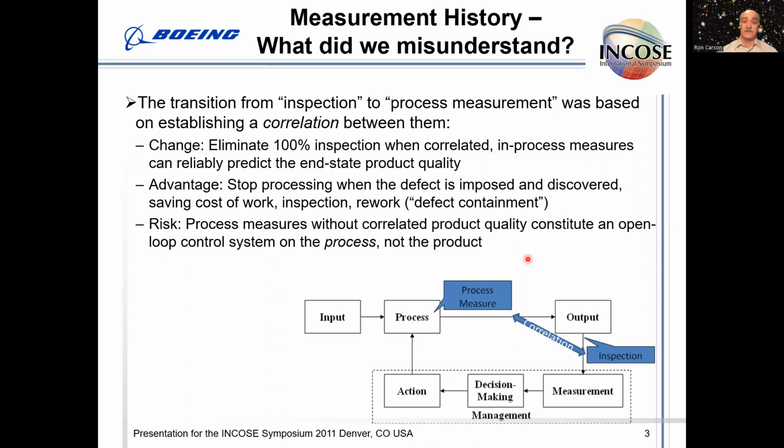And one of the things we really didn't do was clearly identify what the work products were from all our activities. And having failed to do that, then we didn't really establish product quality measures.